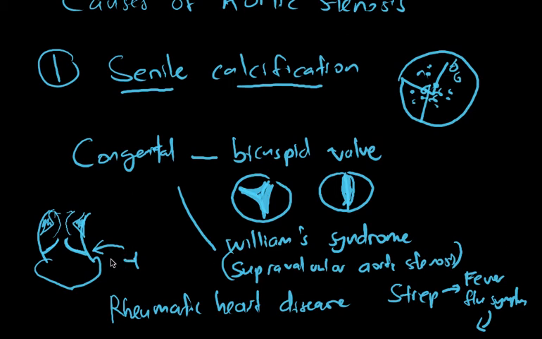And this causes the valves to grow vegetations, which makes it more susceptible to infective endocarditis, and also it causes the valves to stick to each other and prevent it from opening fully, and this causes the aortic stenosis.